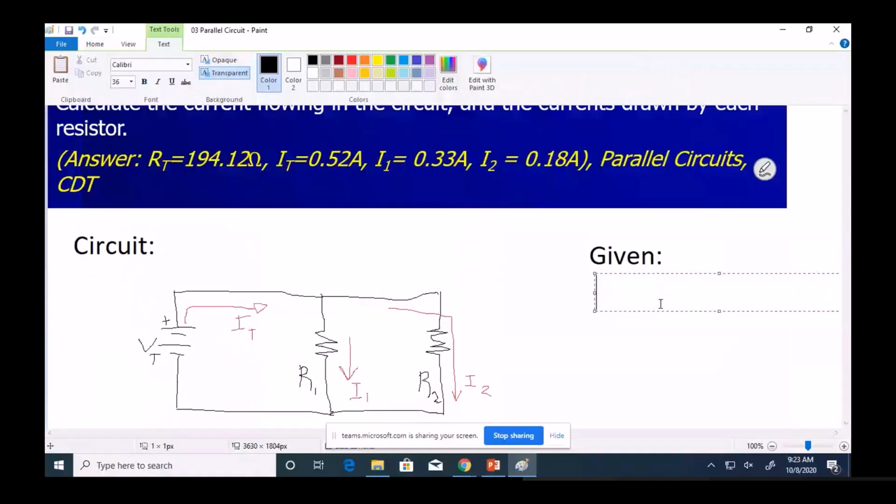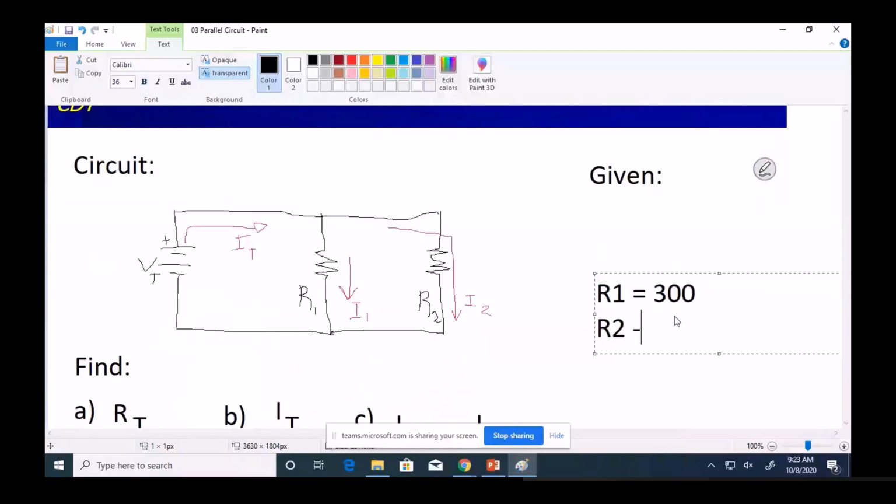So our R1 equals 300 and R2 is 550 ohms.